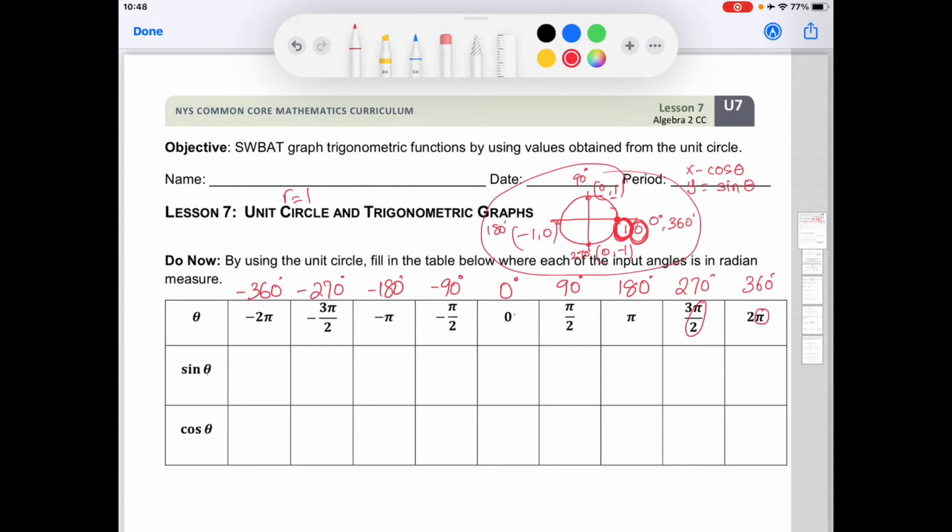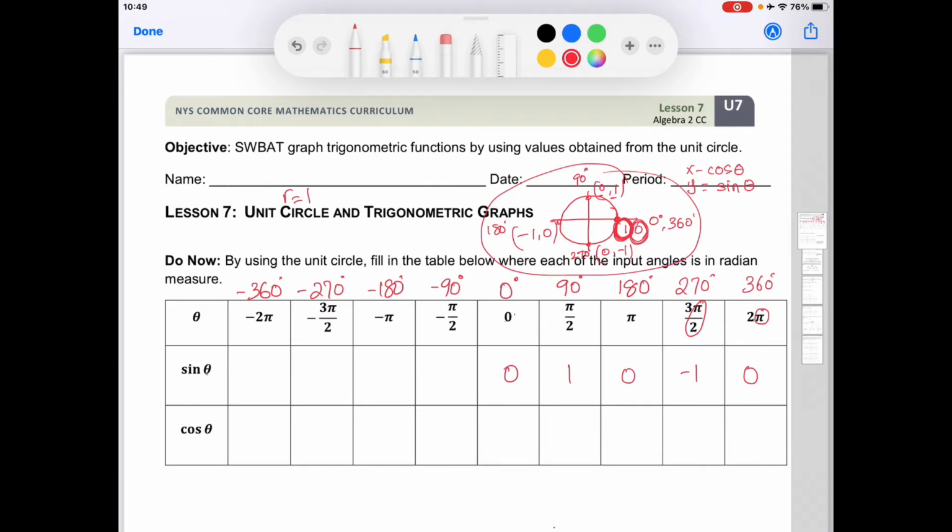You literally substitute theta with the angle that we are looking for. Sine is the y, so sine of 0 is 0. Sine of 90 is 1, sine of 180 is 0, sine of 270 is negative 1, and sine of 360 is 0 again.